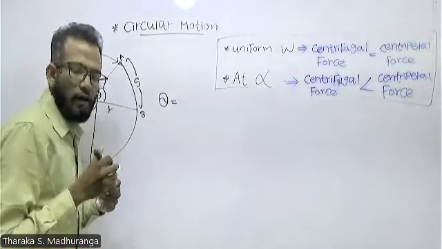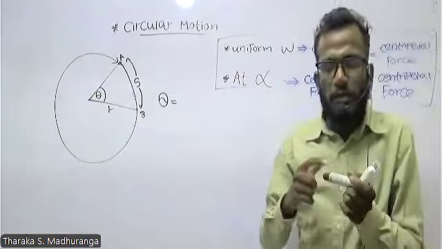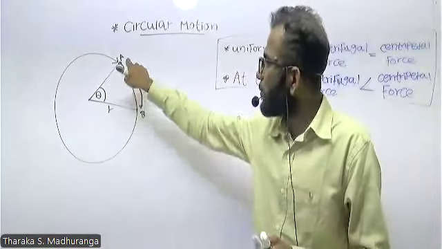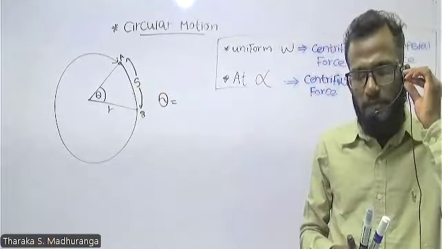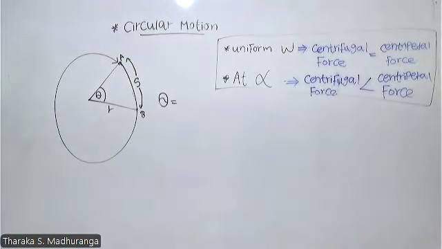How do we find it? What is the equation? Angular displacement means the angle of the rotation. This angle from point A to point B, how do we get it? Send me the equation. What is the angle? We discussed it in the angular displacement lesson.